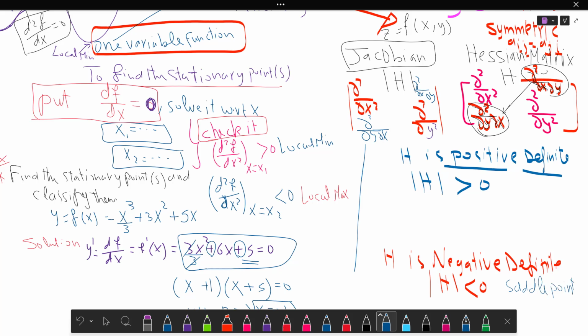So the saddle point has one condition, right? How to write this one instead of H? Because if you have this one, how to find the determinant here? You multiply this one by this one and subtract this one, right?